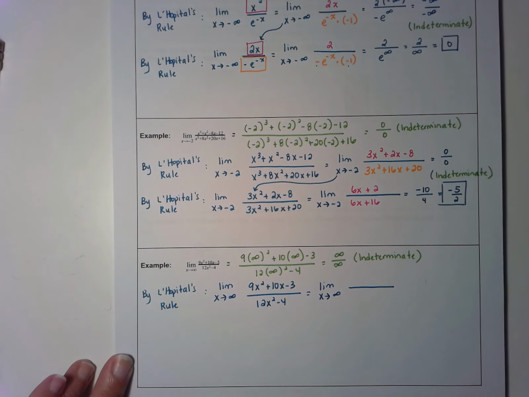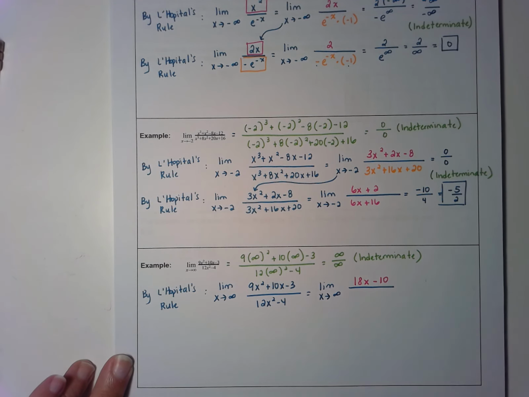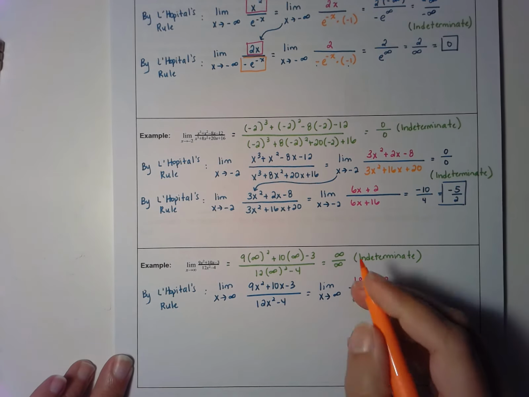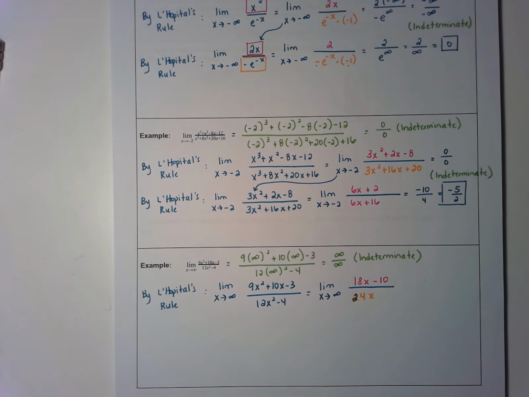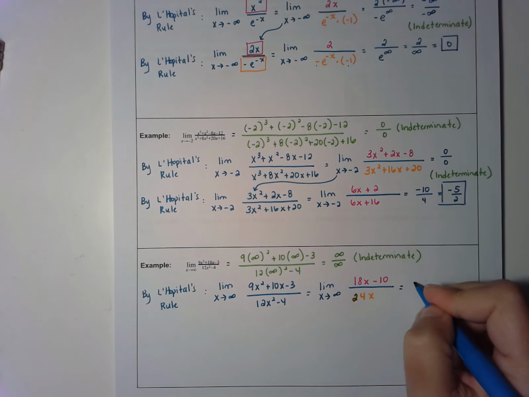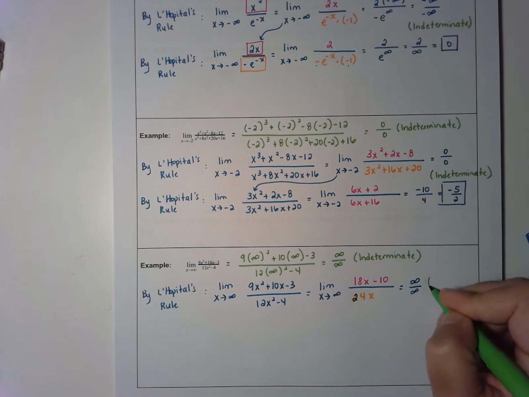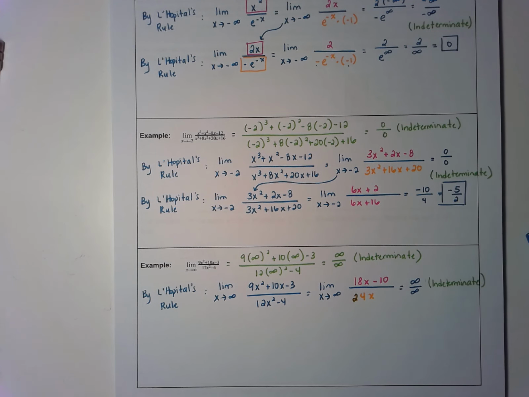So the derivative of the top would be 18x minus 10, and the derivative of the bottom would be 24x. Now if we try direct substitution again, we once again get infinity over infinity, which is another indeterminate limit. So L'Hopital's rule says if it didn't work the first time, just try it again.